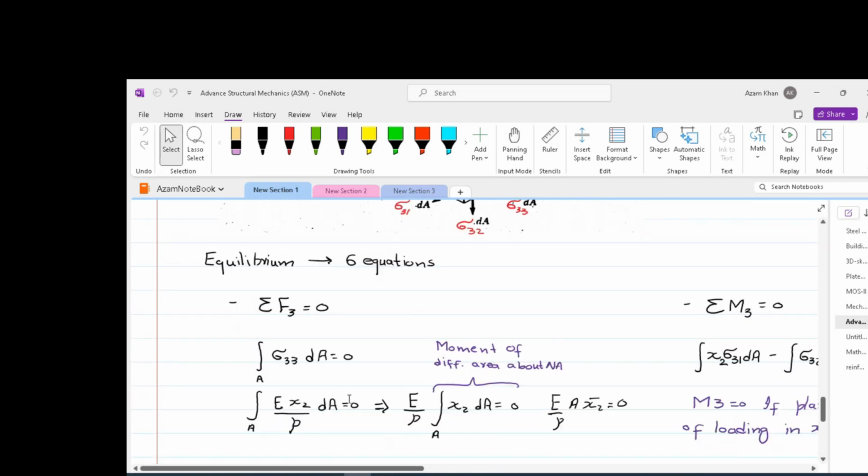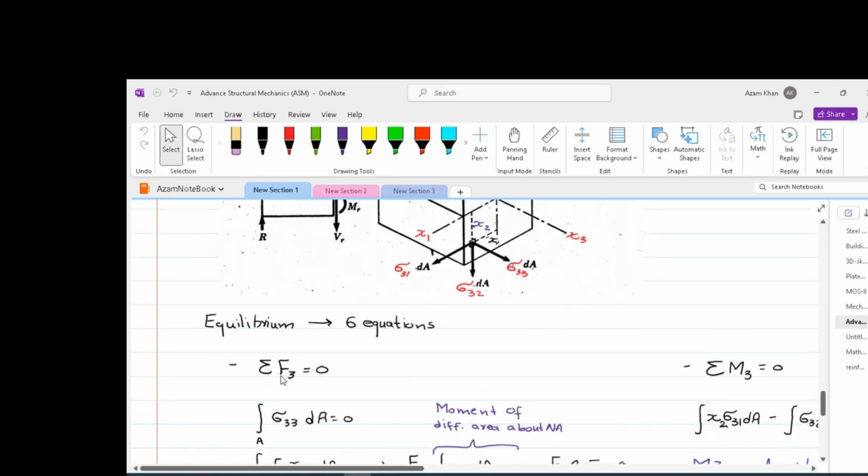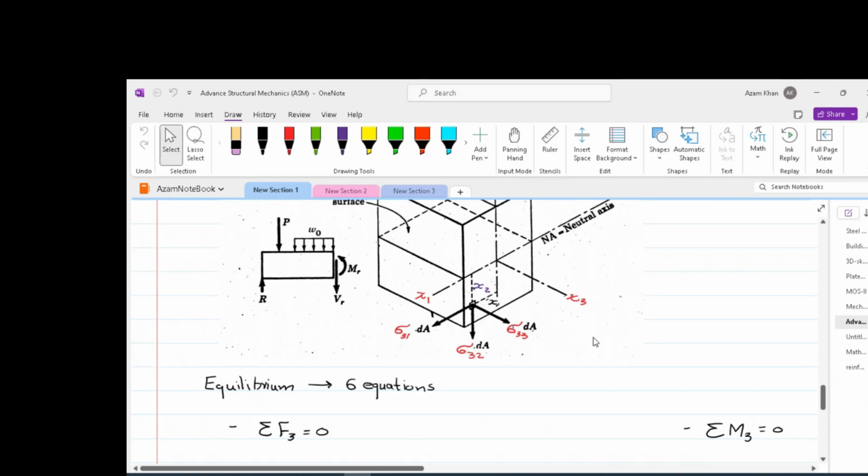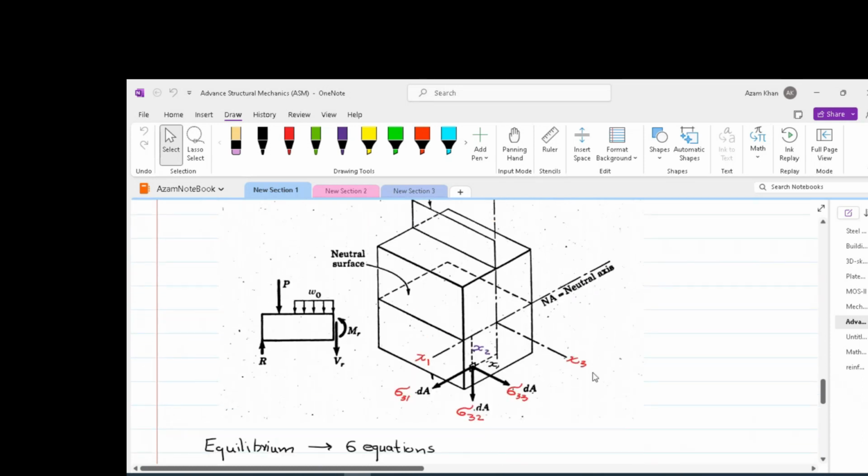Now, let us apply the equilibrium equations. We start with the first equation, which is summation of all the forces in F3 direction must be equal to 0. This equation is saying that the externally applied forces must equal the internally applied force.